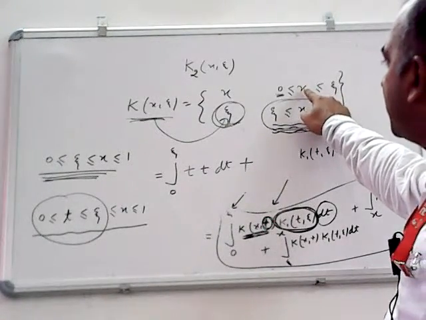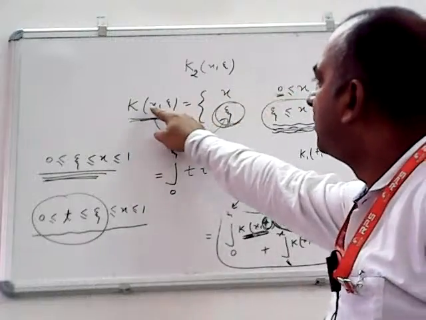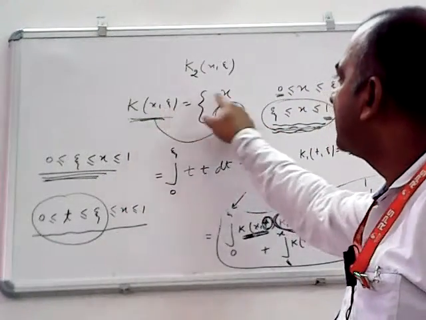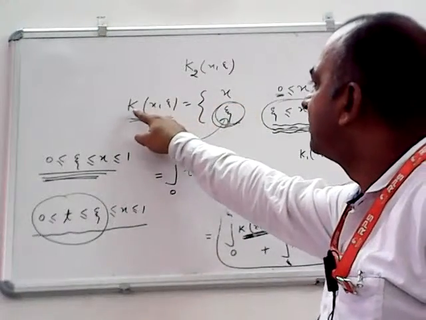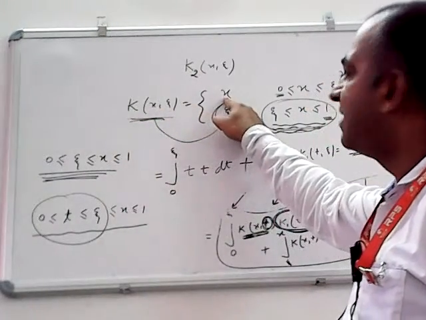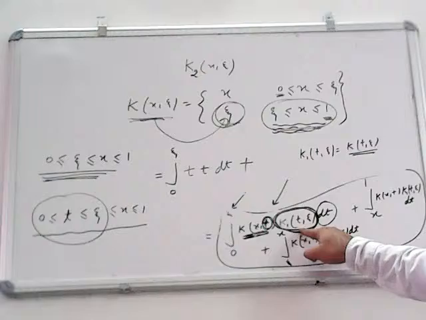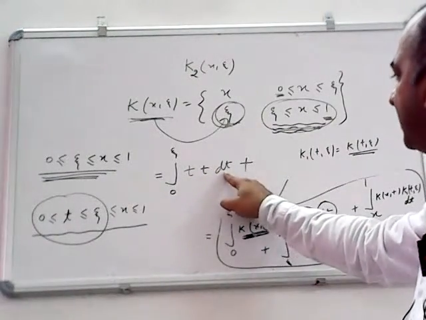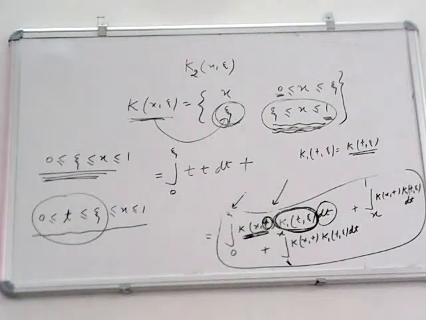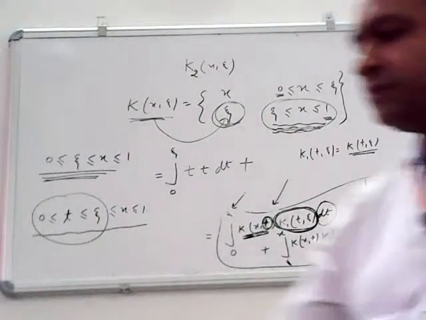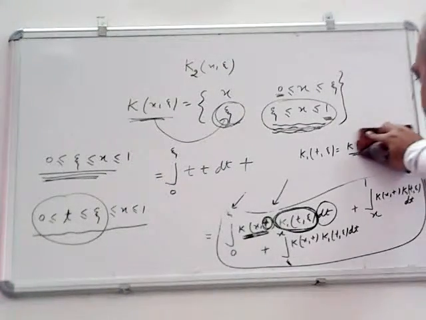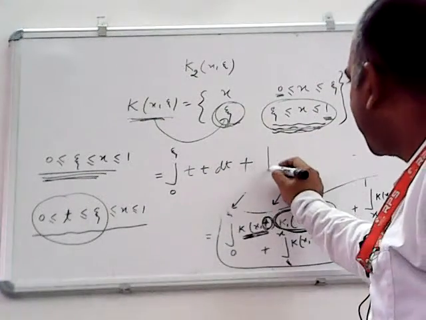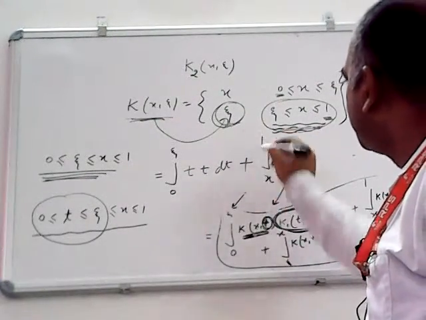So if in the place of x we have t, we are going to calculate t comma xi. In the case x comma xi, we have the answer x. If the value is t comma xi, then we will have t. So we have t and t, then dt. This is the first integration, and we can easily solve this particular integration. Now the second integration, in the second case we have the limit from x to 1.